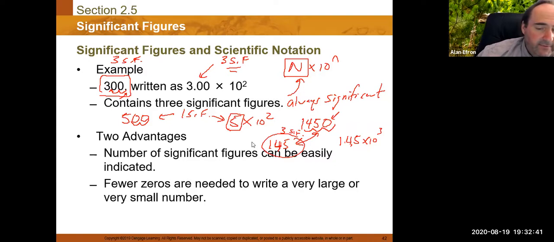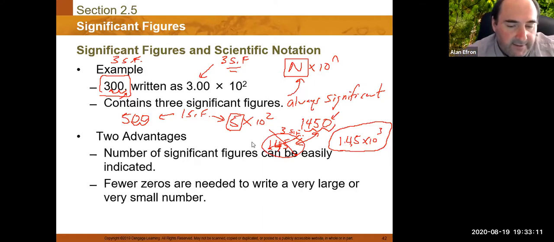Although they are both 3 significant figures, if I owed you $1,450 and said, here's 3 sig figs, here's $145, you're probably not going to be happy with me. So what we did here is we changed the meaning of this value. You never want to change the meaning of a value just to try to get it to the right number of sig figs. So in this particular case, the proper way, if you did want to write it as 1.45 times 10 to the 3, it maintains 3 significant figures. It also maintains the meaning of it as well.